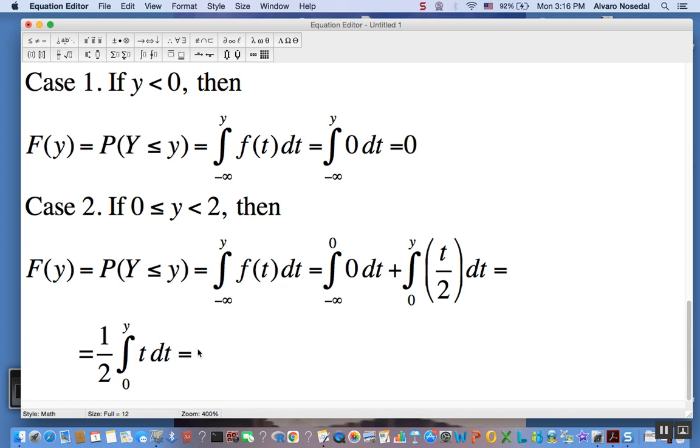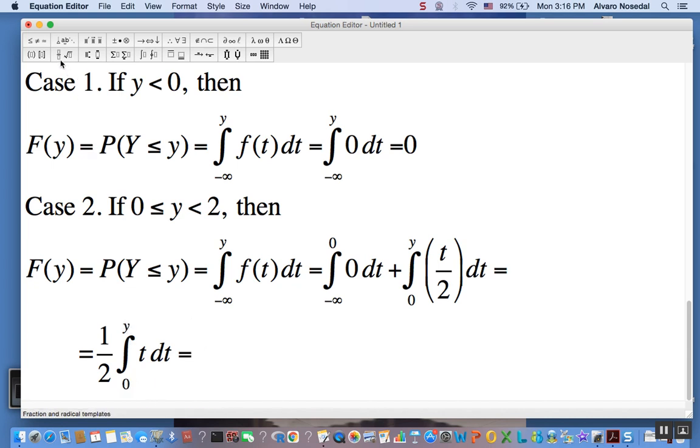So it's going to be t squared divided by 2 times 1/2, which is just t squared divided by 4. Evaluate it here and here.